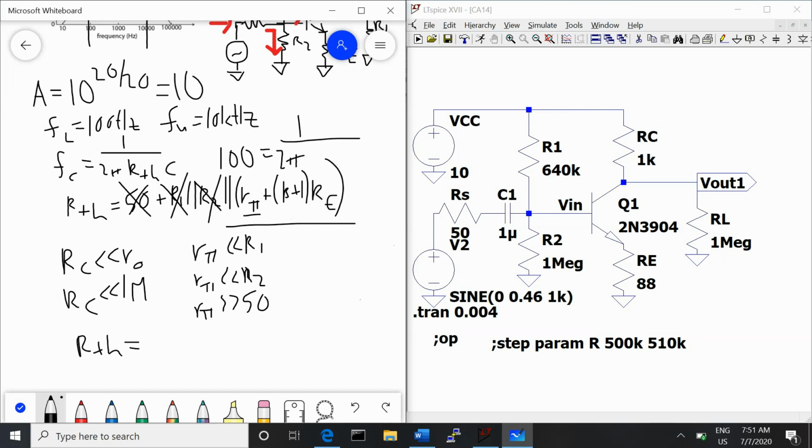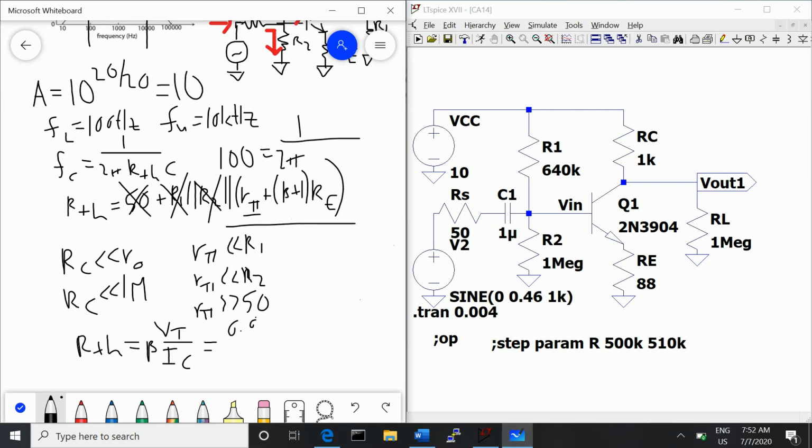So R Thevenin equals R pi, and R pi is Vt over Ib, which is also beta Vt over Ic, because Ic equals beta Ib.